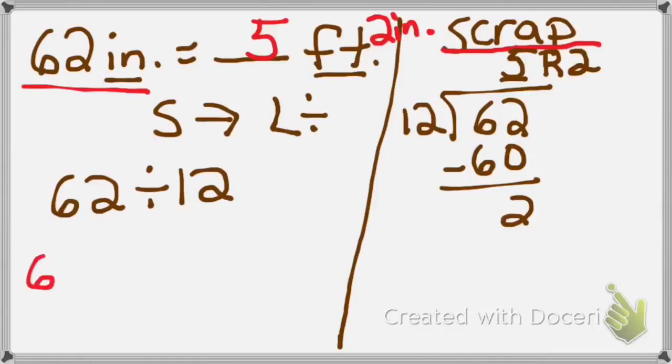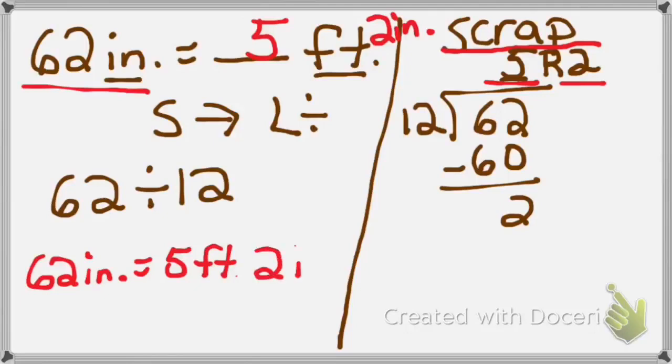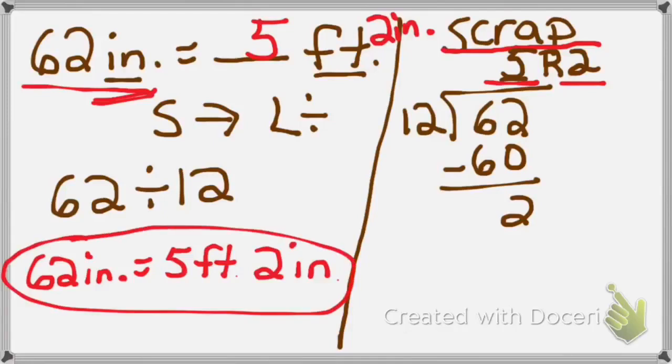So my final answer is 62 inches equals 5 feet, because that was my large unit and that was my division answer, and my remainder became 2 inches, which was the original unit that I started with. So 62 inches equals 5 feet 2 inches, and that is my final answer.